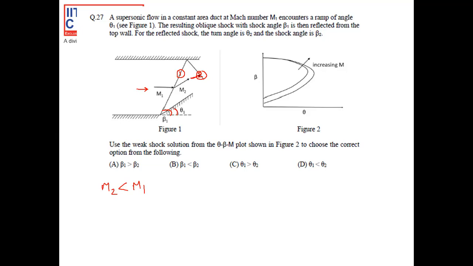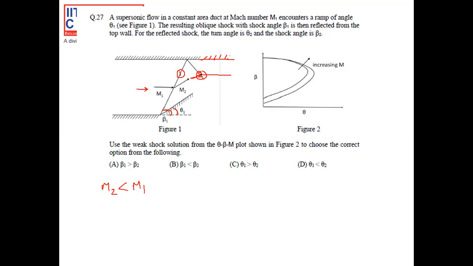at the downstream of the second oblique shock, the flow has to be parallel to the top wall, and this comes from the physical boundary condition of the flow. So downstream of the second oblique shock, the flow has to be parallel to the wall, right? So this is the wall, and the flow has to be parallel to the wall.